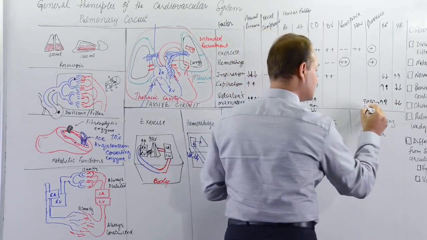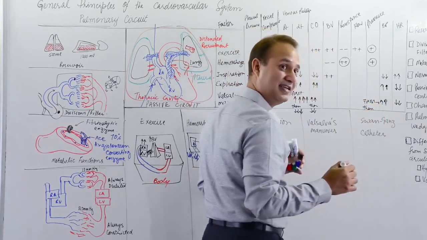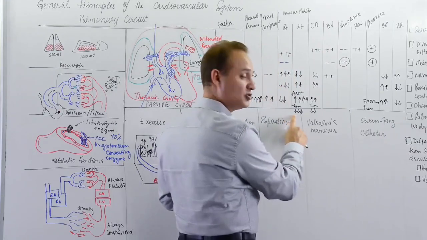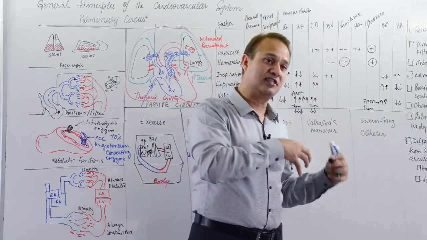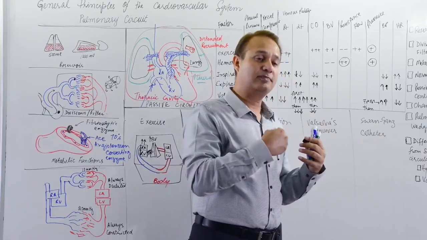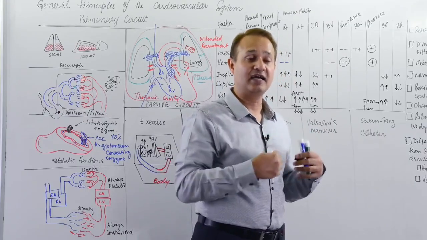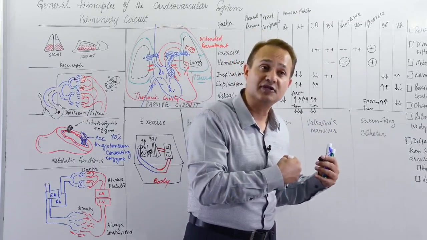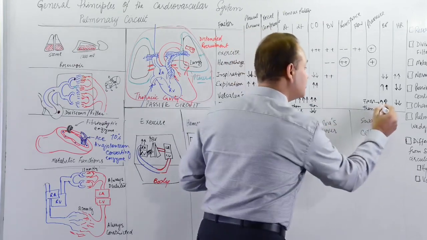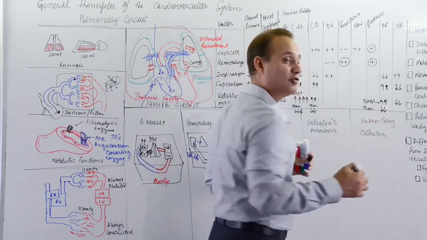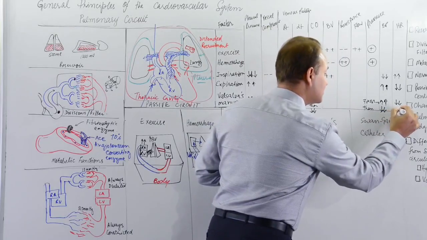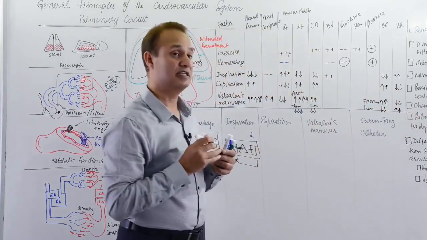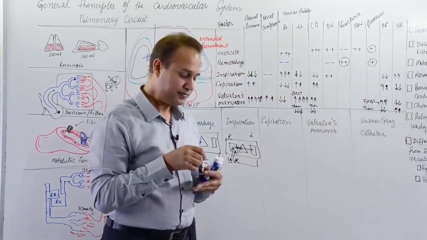Then as the venous return to the right heart is gone, the lungs have squeezed the blood out. Overall input of the blood to the heart is less. Cardiac output would reduce. Blood pressure would reduce. That would cause reflex tachycardia. And that is what happens in Valsalva's maneuver.